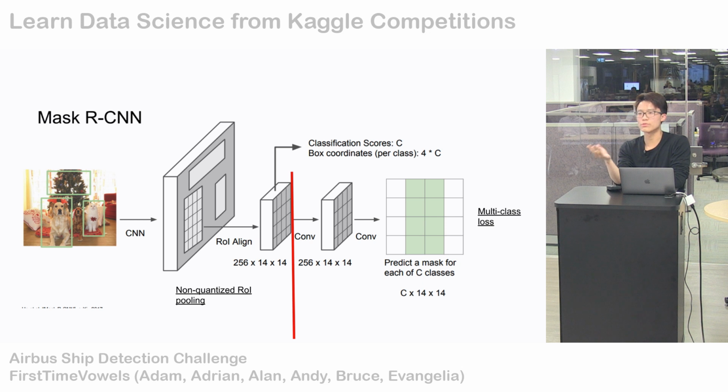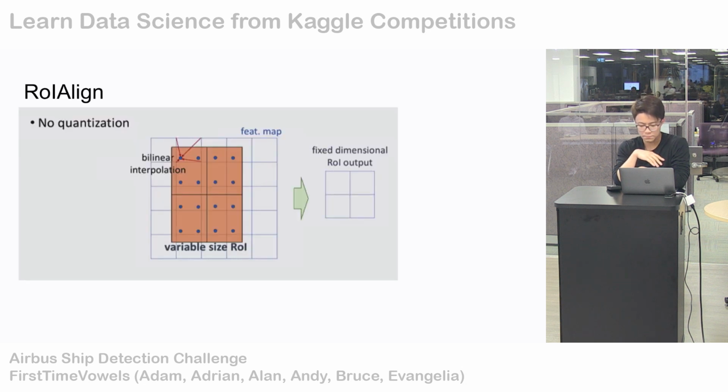And some ships only take maybe 50 pixels, so a 30 pixel error is a huge error. So that's one of the advantages of using Mask RCNN over the earlier RCNN methods. They use something called bilinear interpolation to avoid doing the quantization.